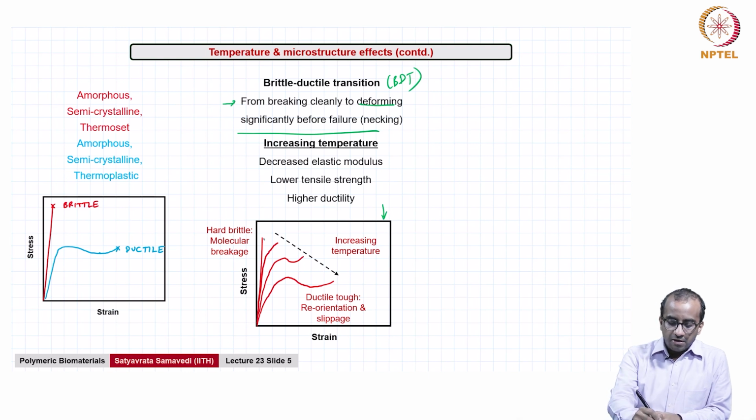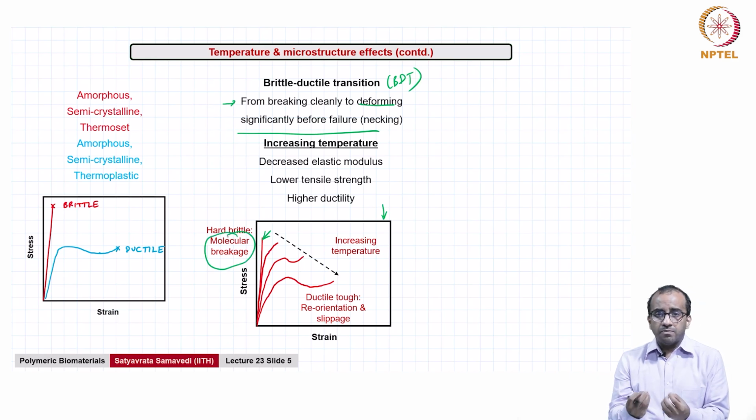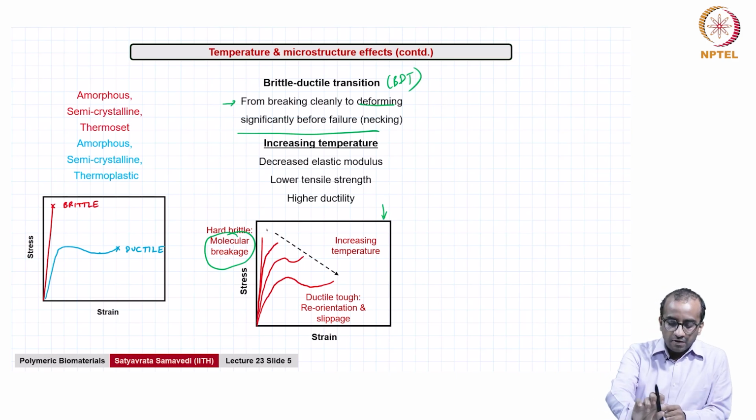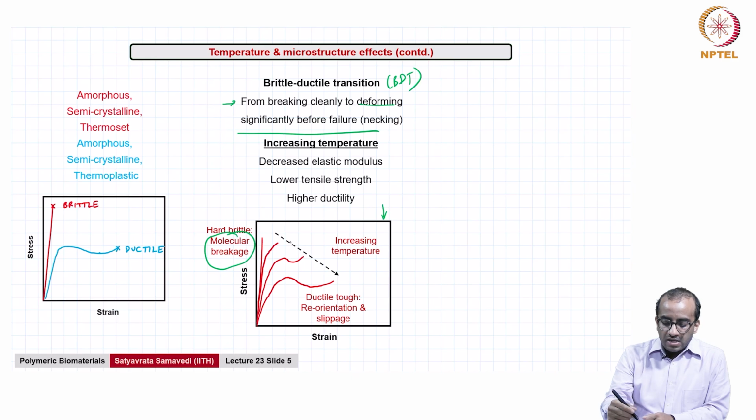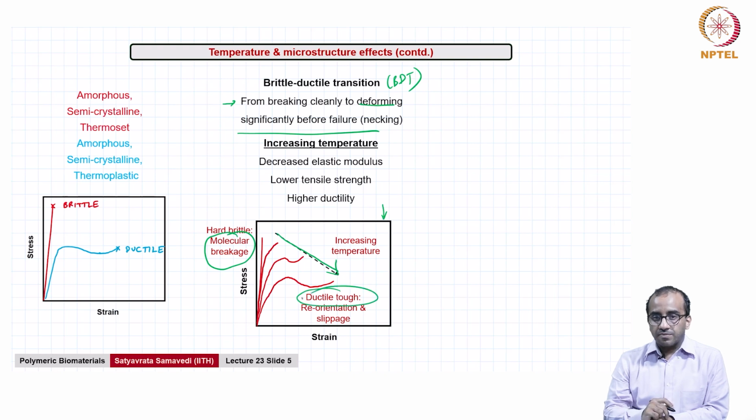So, this kind of a curve or a line you see for hard and brittle materials, where the primary mechanisms involved are molecular breakage. You are looking at largely covalent bonds suddenly rupturing, leading to catastrophic failure at this point. It fails without warning, it will suddenly fracture, but the fracture will be clean because it is a brittle material. So, it means it is not going to deform or yield to any significant extent. Now, as temperature increases this way, you start to see on the other side, you get a ductile tough material.